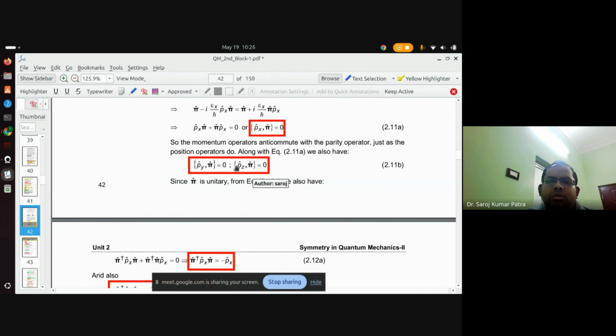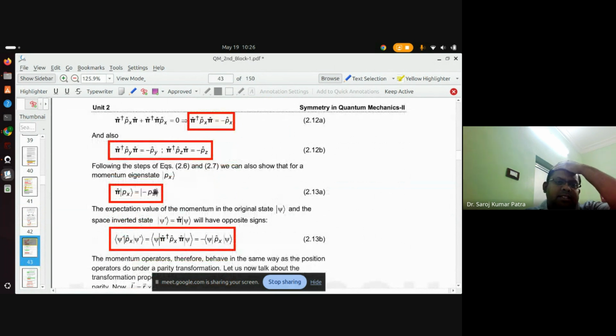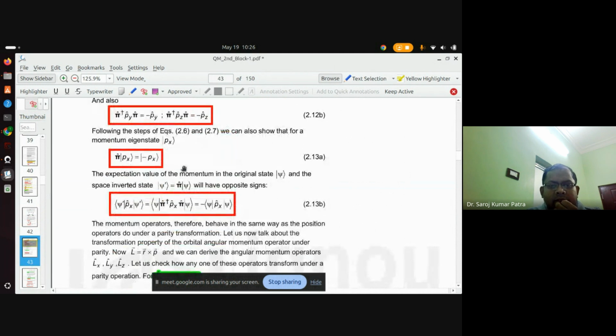It will anti-commute with pz. और स्टेट वेक्टर के ऊपर लिया तो क्या होगा? सिमिलर टू जैसे हमने x के साथ किया था, so if parity operating on momentum space vector px, it will take it to minus of px, and expectation value will become just negative of the expectation value which we get in the original state.